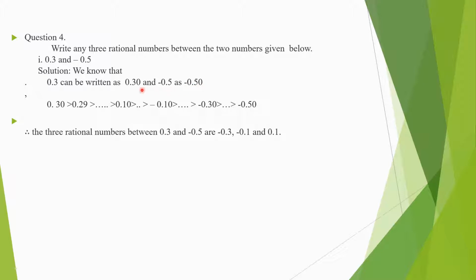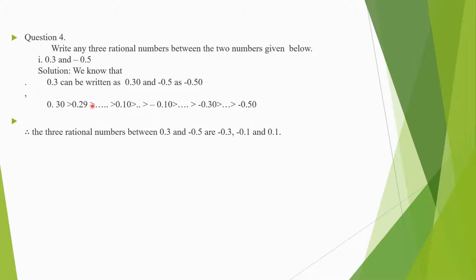So between 0.30 and minus 0.50 we can have innumerable numbers like this. 0.30 will be greater than 0.29, will be greater than 0.28, will be greater than 0.27 and so on, will be greater than 0.10, will be greater than minus 0.10, will be greater than minus 0.30, will be greater than minus 0.50.